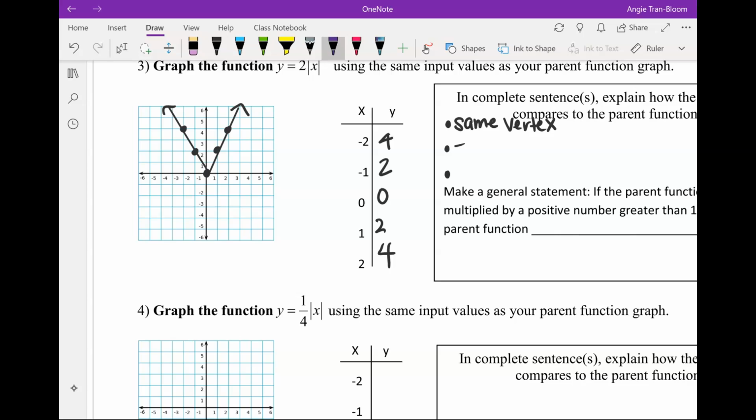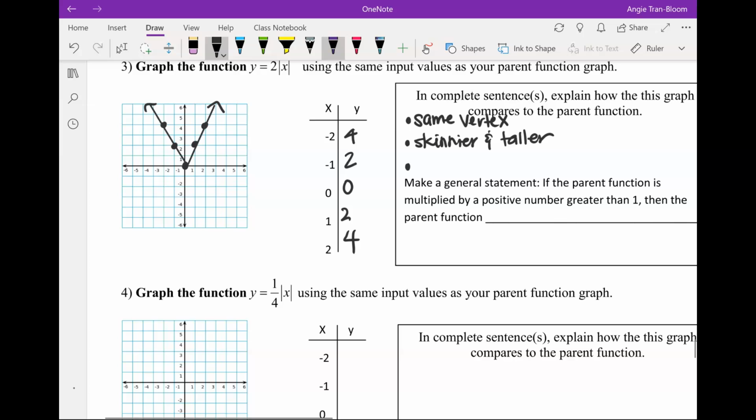Ooh, yeah, skinnier. I'll fight skinnier because that's your word. Skinnier and taller. Okay. Wow, perfect. What is your one, Maggie? What's your one comparison if that's not already here? Perfect. Same. All inputs are exactly the same as the parent's. Christian, what's your one comparison if you have it?